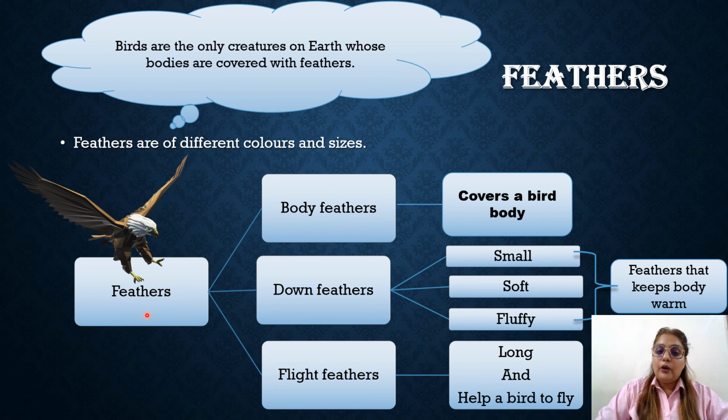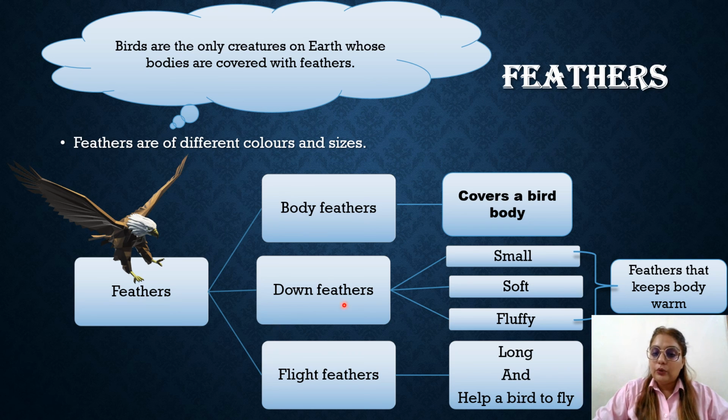Fine. So now we have three types of feather. There are basically three types of feather. First one is body feather. By the name itself, we are able to understand what is a body feather. Body feather is the feather that covers a bird's body. I have told you earlier also the feather which covers the whole part of the body of the bird, that is known as body feather.